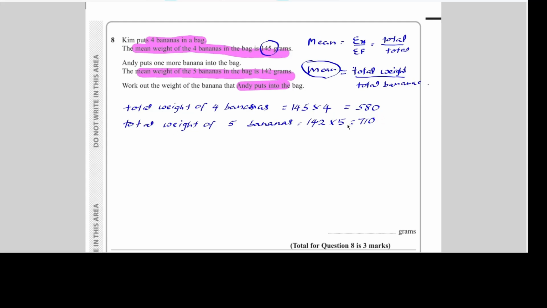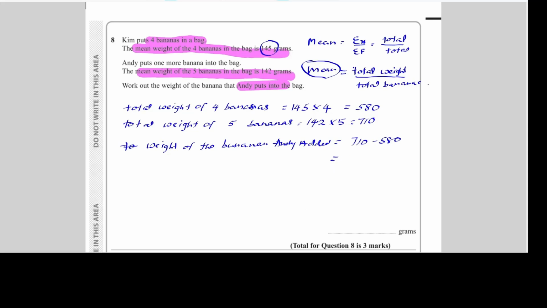When we subtract them, I'm getting the weight of the 5th banana. So equals 710 minus 580.